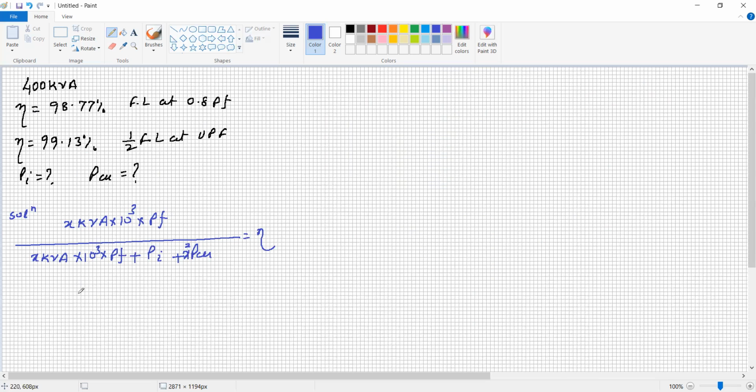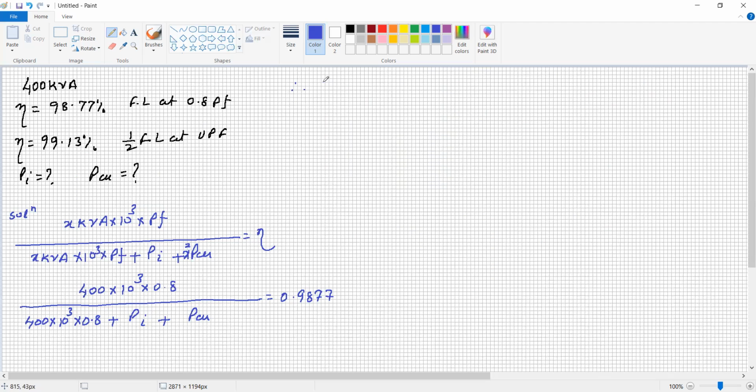First case, x is equal to 1 at full load and 0.8 power factor. So it is 400 into 10⁻³ multiplied by 0.8, divided by 400 into 10⁻³ into 0.8 plus iron loss plus copper loss, is equal to efficiency 0.9877.